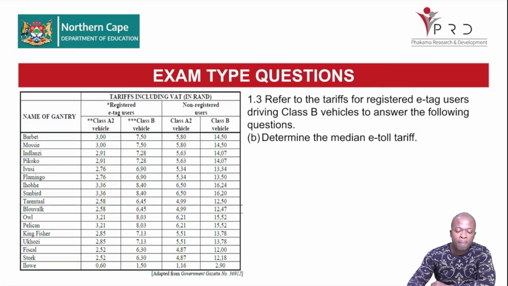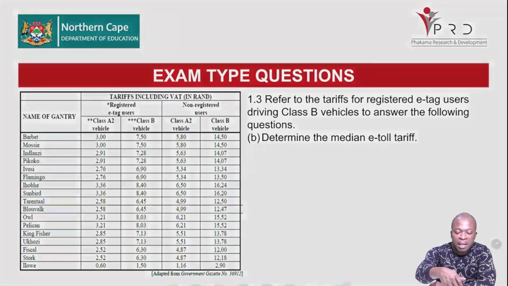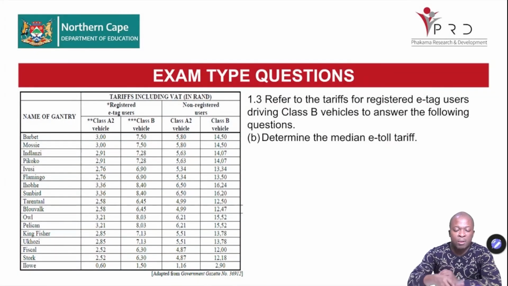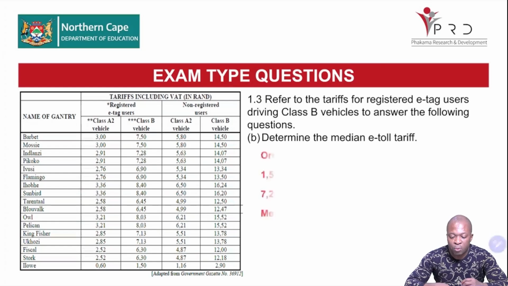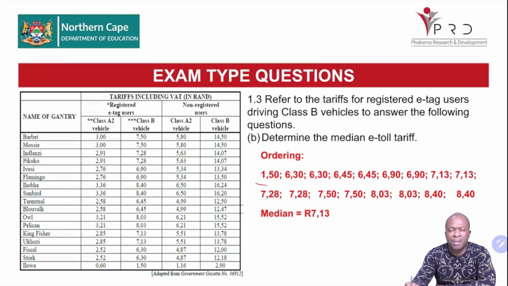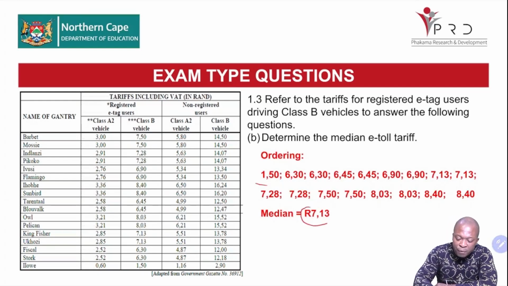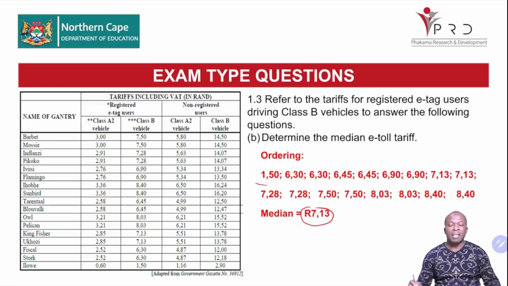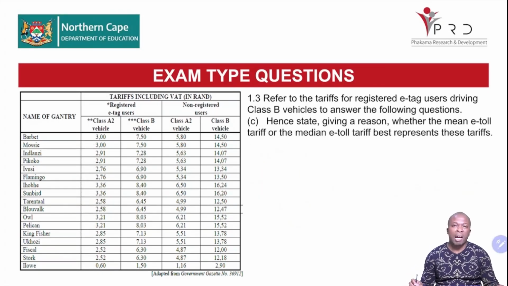Welcome, my learners. I hope you managed to get the answer correct. So let us check. We are supposed to find the median. So the first thing we have to do is to arrange. Now that we have arranged, we go and find the middle value. If you have done it well, you will realize that the middle value is 7 Rand and 13 cents. Okay, how about number C? We are still on the registered.